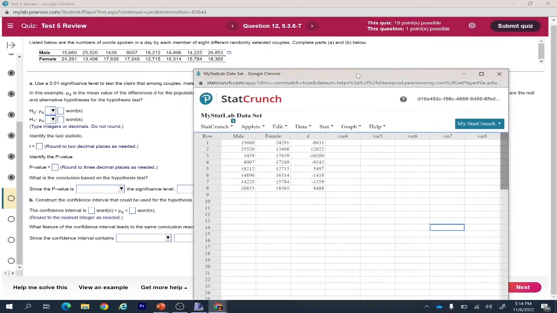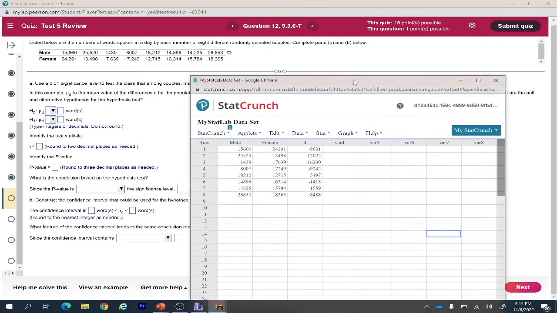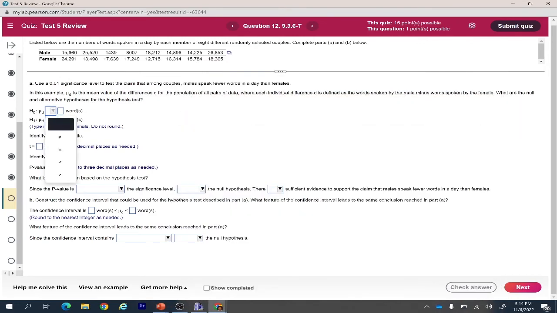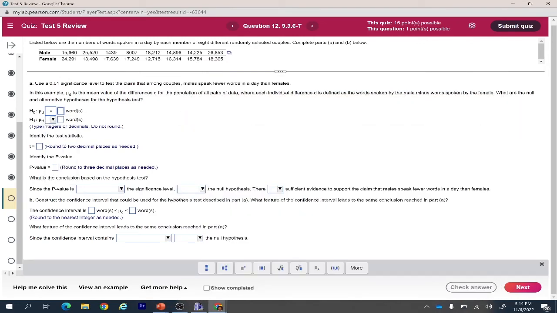So now our null hypothesis is that the mean of the difference for the population is 0, and our alternative claim is that this average is greater than 0.